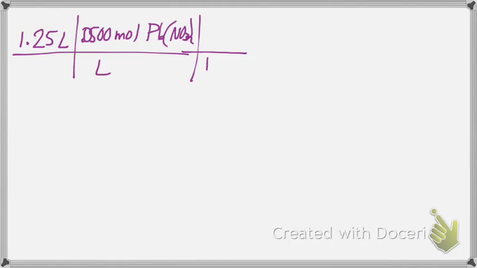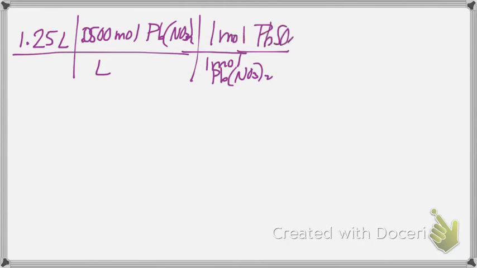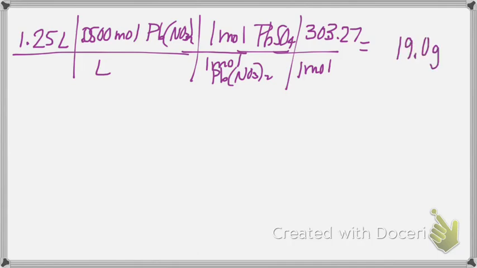So for every 1 mole of the lead 2 nitrate, I can produce 1 mole of lead 2 sulfate. And then the molar mass is 303.27, and that will give me 19.0 grams when I calculate that out.